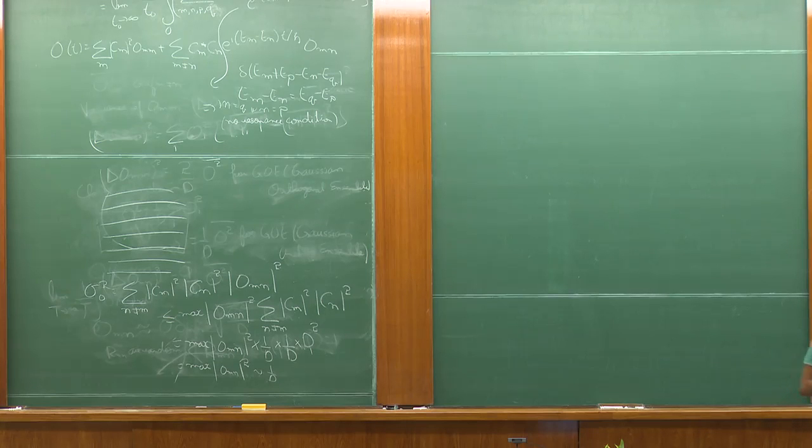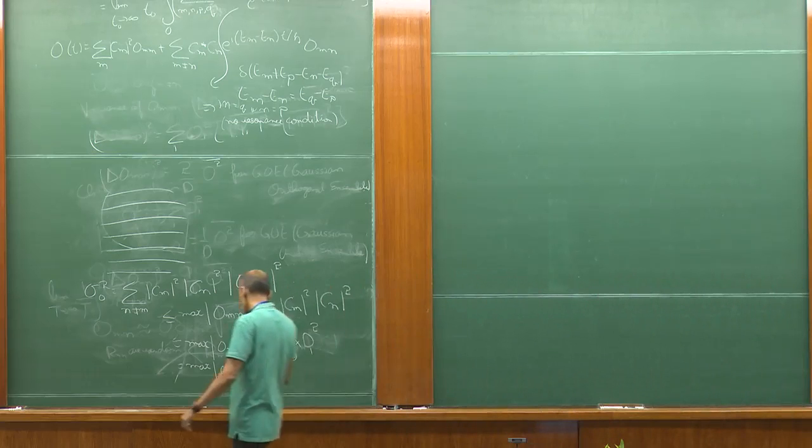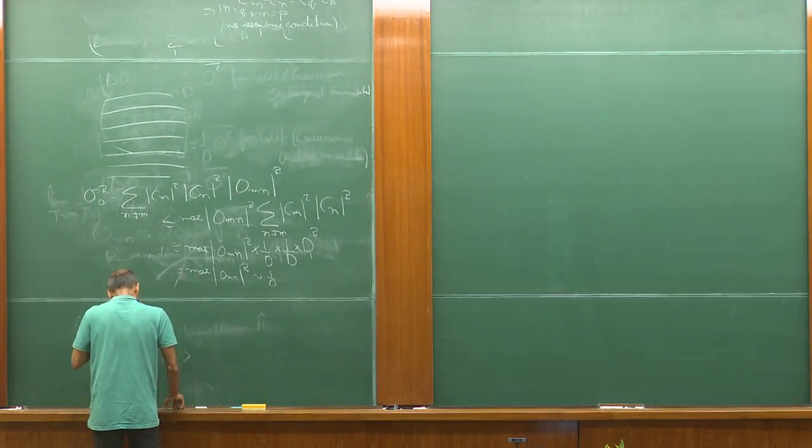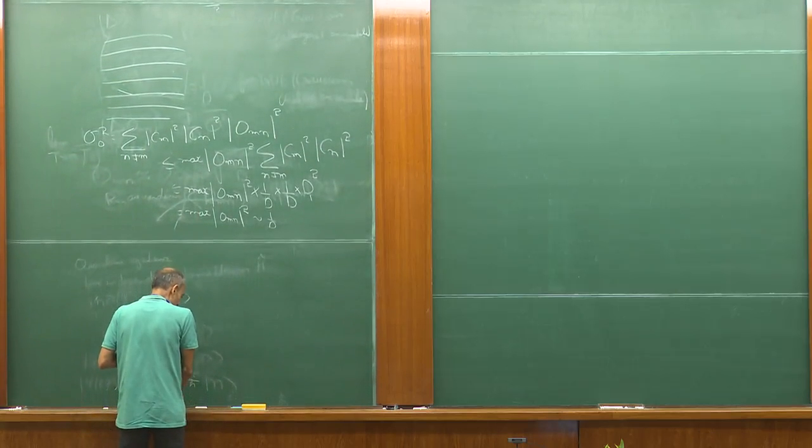So by the way, there are names for these time scales. The time scale that is set by the smallest energy difference, or equivalently, if you have a sufficiently large system with a large number of degrees of freedom, by the mean energy difference, because both of them scale exponentially with the system size, is called the Heisenberg time of the system. So if you read papers on thermalization in quantum systems, then the Heisenberg time is one of these important time scales.